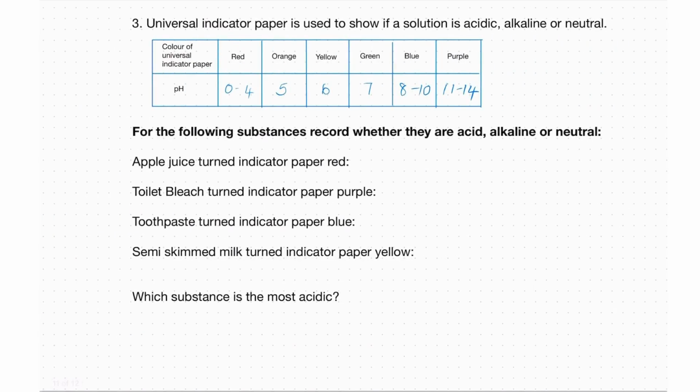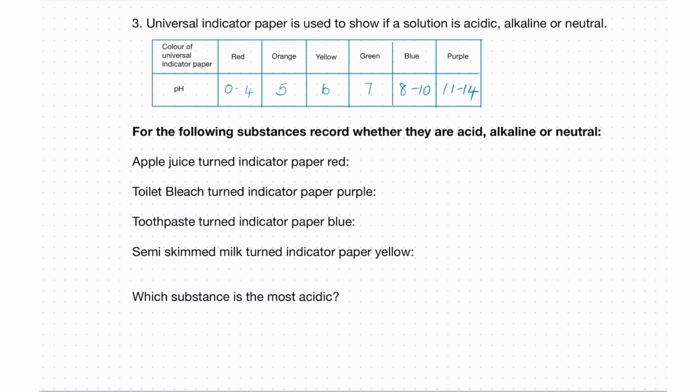And finally, universal indicator paper is used to show if a solution is acidic, alkaline or neutral. They've given you the scale of the colours. They haven't given you the colours visually, but they've written them. So anything that's red is pH 0 to 4, orange 5, yellow 6, green 7, blue is 8 to 10 and purple is 11 to 12.